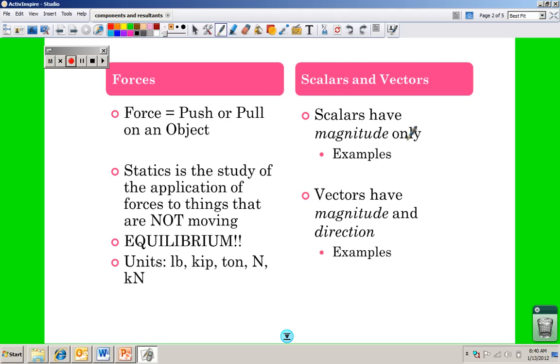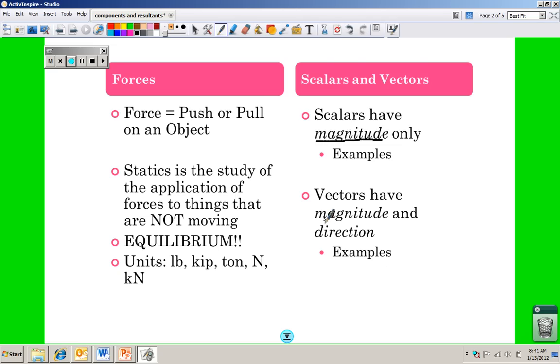Okay, so let's talk about two different types of quantities: scalars and vectors. Right, scalars have magnitude only. All right, they do not include a direction or an angle. These types of numbers would be things like speed, 40 miles per hour, where a vector has magnitude and direction.